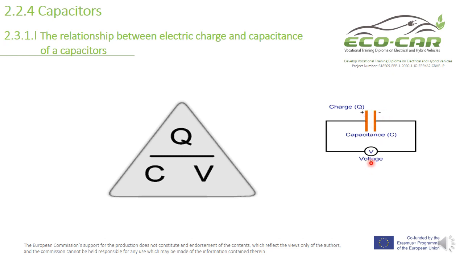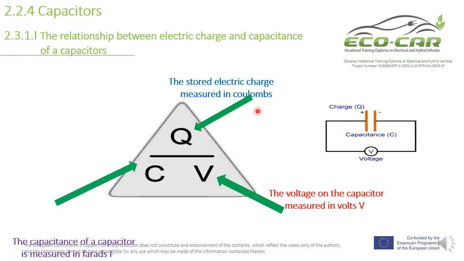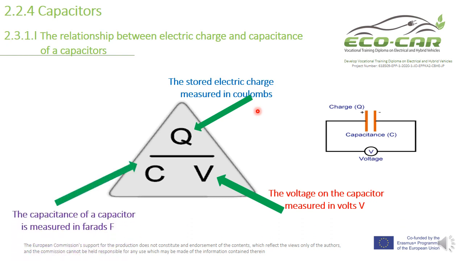So what is the relation between these? Q is the stored electric charge measured in coulombs, V is the voltage on the capacitor measured in volts, and C is the capacitance of the capacitor measured in farad.